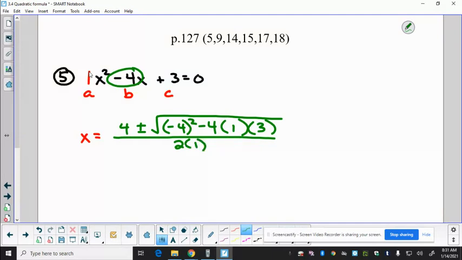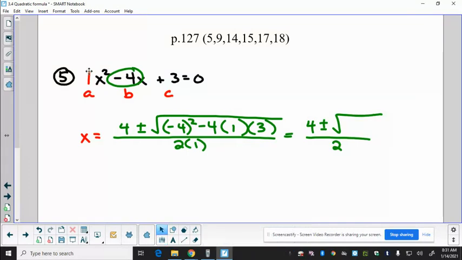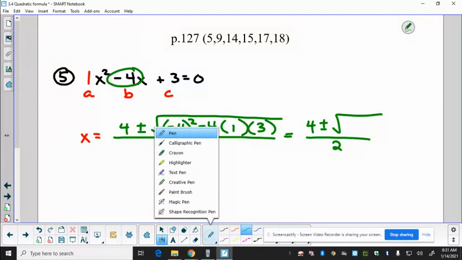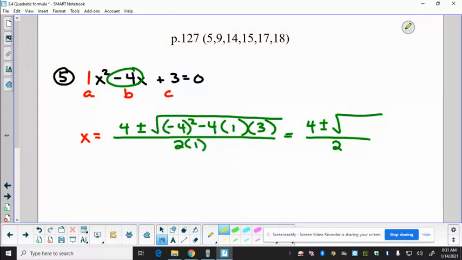And then what I'm going to do is simplify that. First of all, the denominator is 2 times 1 is 2. The discriminant is this information. So you can get out your calculator if you want to. I think we could probably do that one mentally.